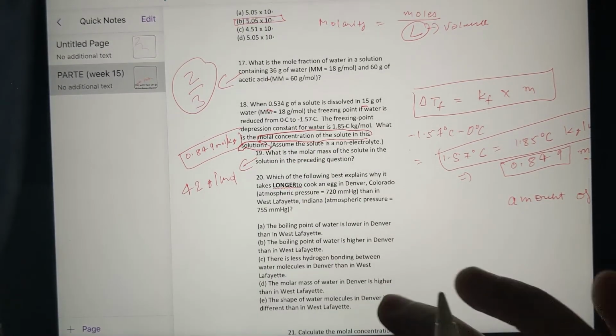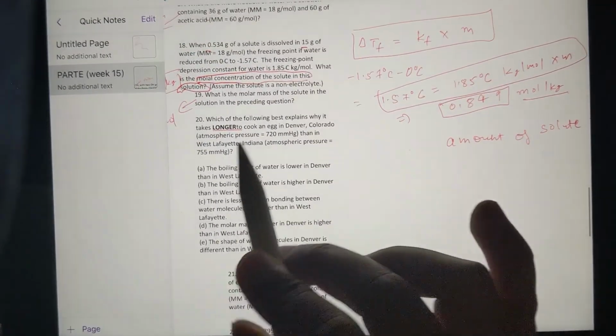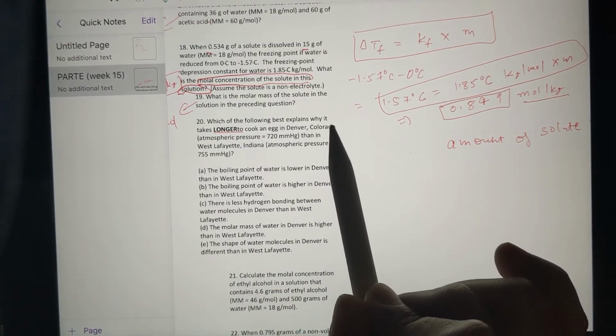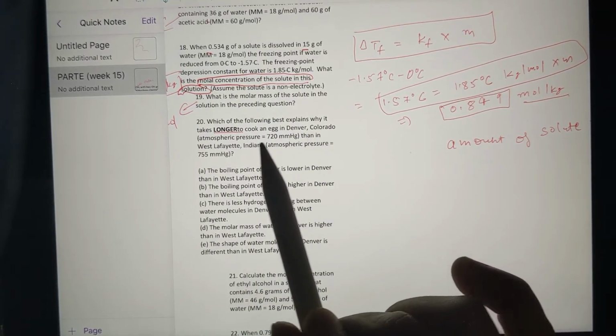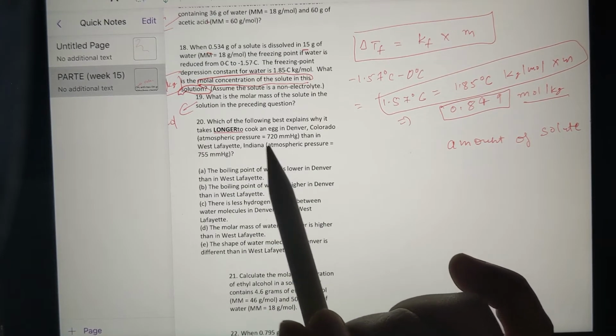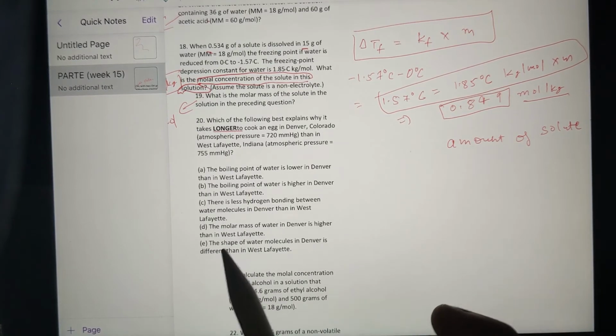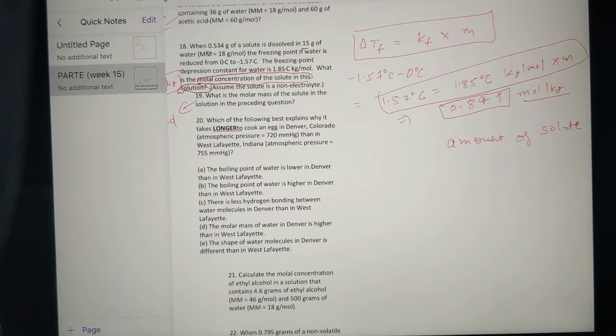Okay, the next question is about vapor pressure and boiling point. So you have been given the atmospheric pressure in these two cities and asking you about the boiling point. Okay, so first you have to find out how the boiling point depends on the atmospheric pressure.